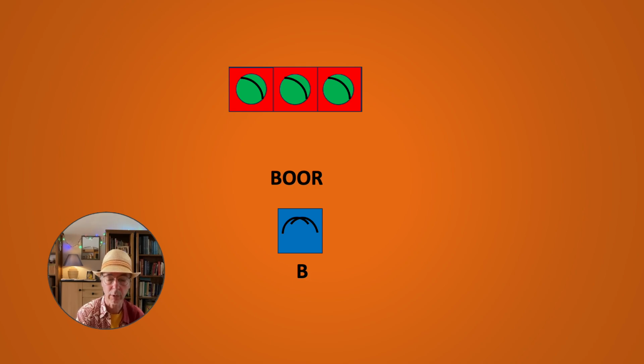With BOOR, which means drill, it is a combination of the B again, with R again, but with a different connection point, which is not a connection point in space, but in timing.